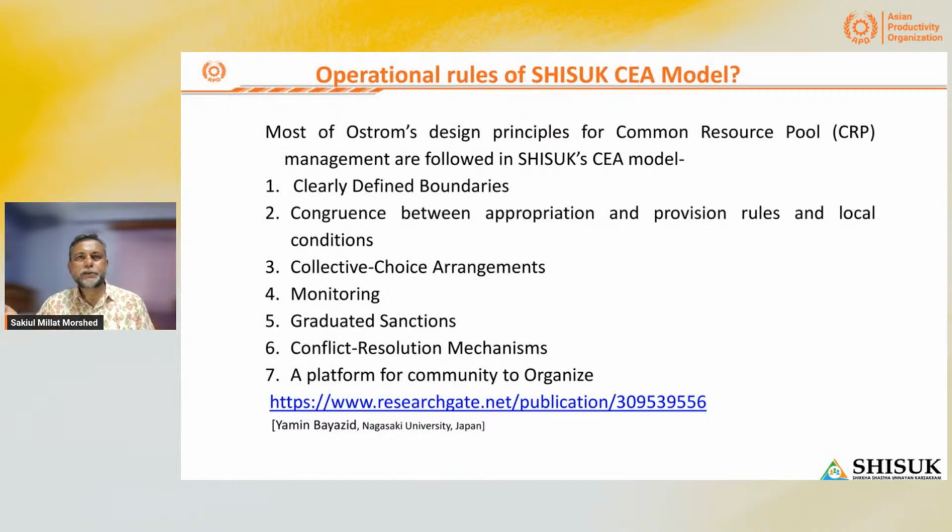In 2009, when a PhD at Nagasaki University was done on our model, we came to know that we are following all these 7 principles: clearly defined boundaries, congruence between appropriation and provision rules and local conditions, collective choice arrangements, monitoring, graduated sanctions, conflict resolution mechanisms, and a platform for the community to organize. If anybody is interested to learn more, they can search this link. The full paper is there.